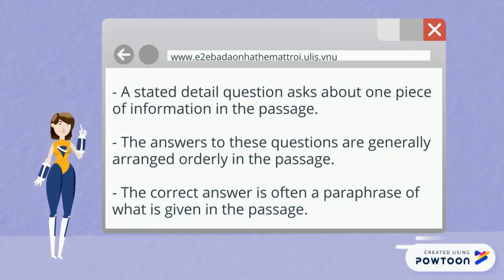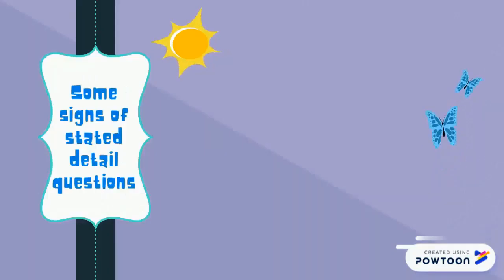The answers to this question are generally given orderly in the passage, and the correct answer is often a restatement of what is written in the passage. This means that the correct answer often expresses the same idea as what is written in the passage, but the words are not exactly the same.